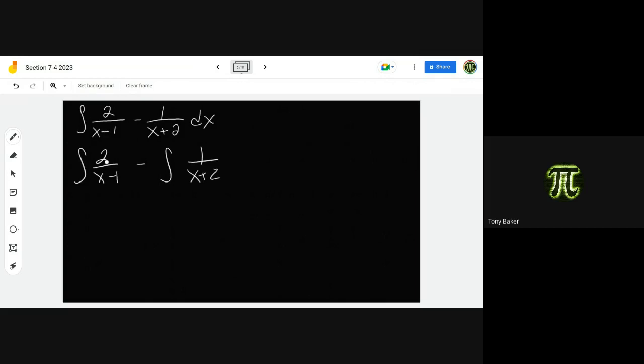So what's going to be the integral of 2 over x minus 1? Yeah, it's going to be natural log of x minus 1 with the 2 in front of it. It's 2 times it. And this one we already did. It's just the ln of x plus 2.